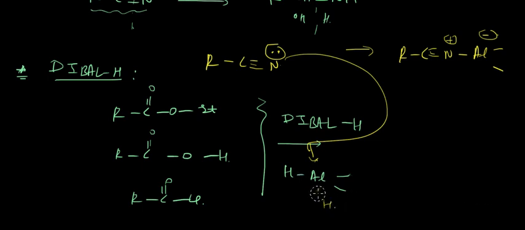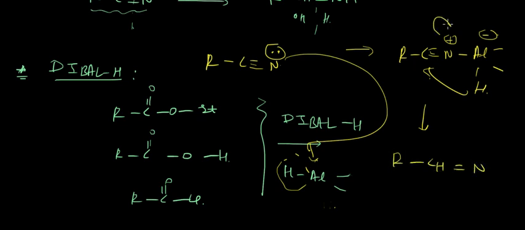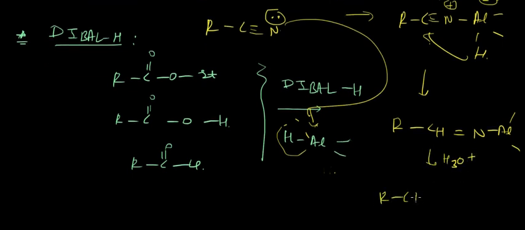This H goes and attaches itself to the C plus, getting CH, and the electrons will be taken back by the N atom, and we'll get something like this compound. This on hydrolysis in acidic medium will give RCHO. So this is the mechanism behind DIBAL-H.